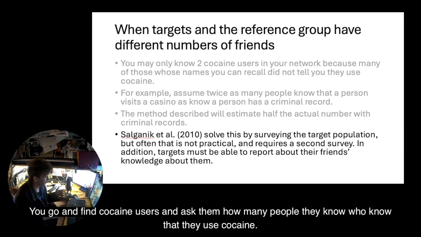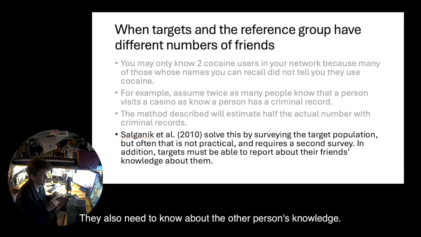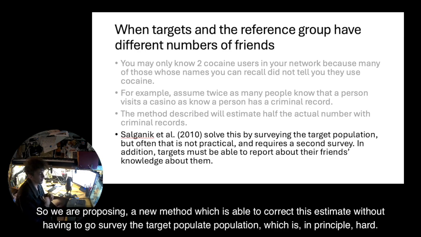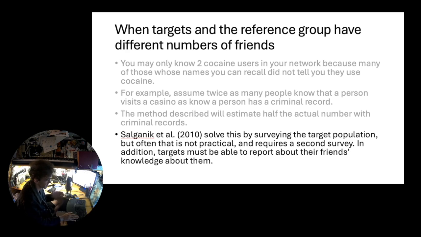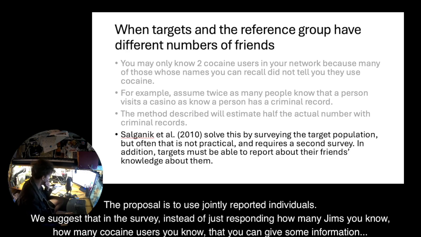So you go and find cocaine users and ask them how many people they know who know that they use cocaine. They also need to know about the other person's knowledge. So we are proposing a new method which is able to correct this estimate without having to go survey the target population, which is in principle hard. That's the whole point of this method.